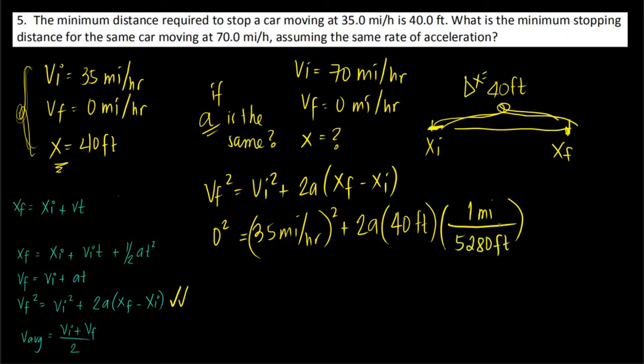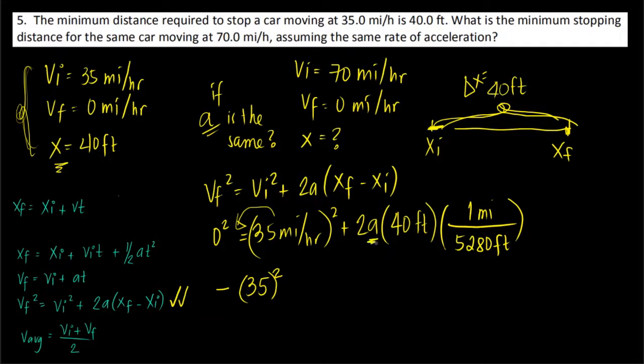Yeah? Yep. So, we are going to solve this time. So, 35 squared. But, transpose ko di siya sa piyak. So, negative 35 squared.